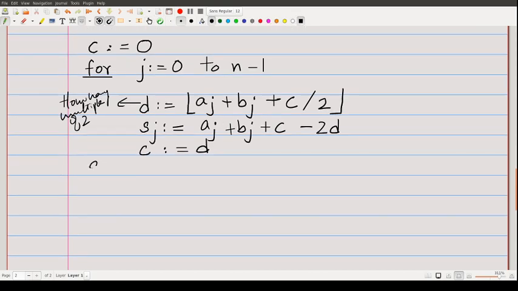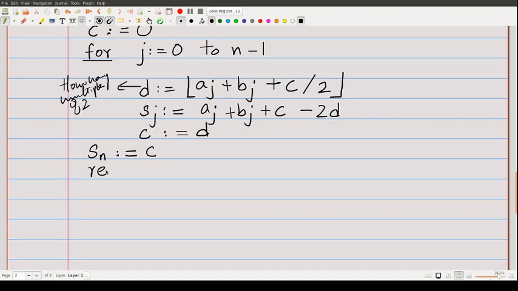And so the last digit S_n is simply c, the carry that's remaining in the last digit, and we return the digits S_n, S_{n-1}, S_{n-2}, ... S_0.